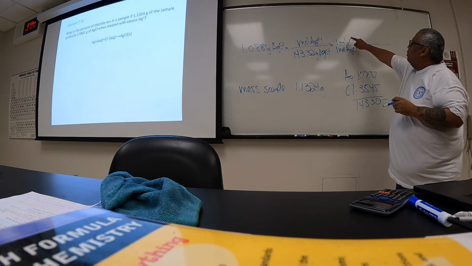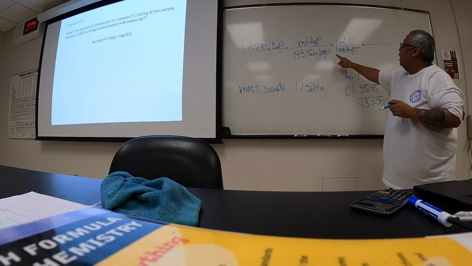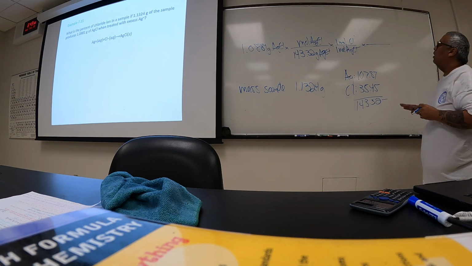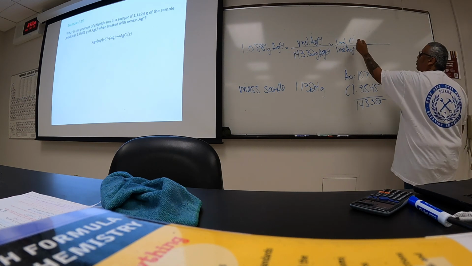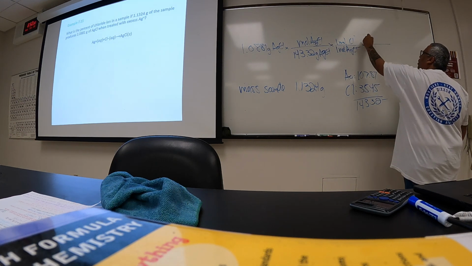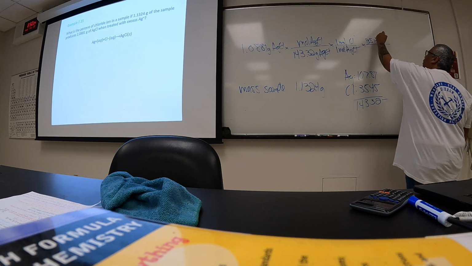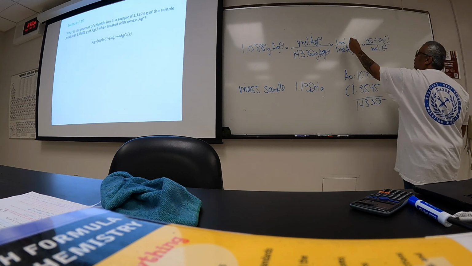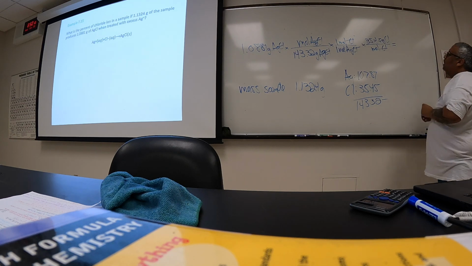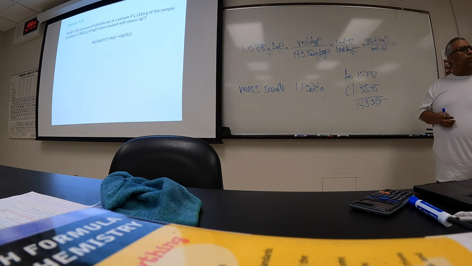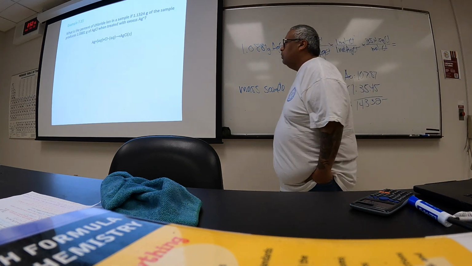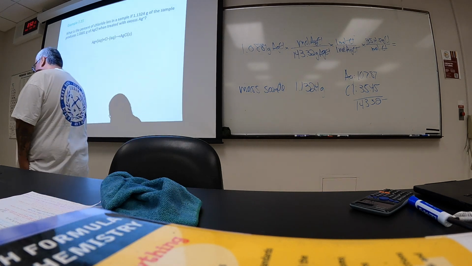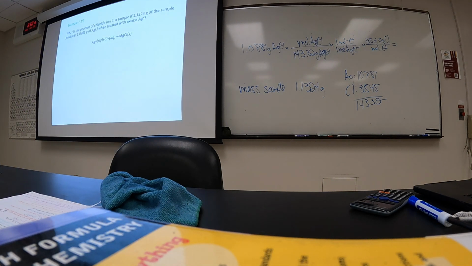But this is moles, we have to convert this to grams before we can determine what that is. So chloride, this is going to be 35.45 grams of chloride for every mole of chloride. So how many grams of chloride did this consume in order to make it?